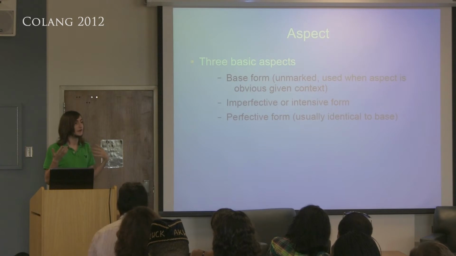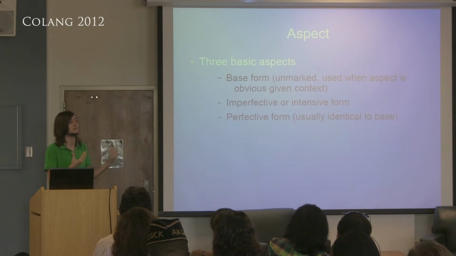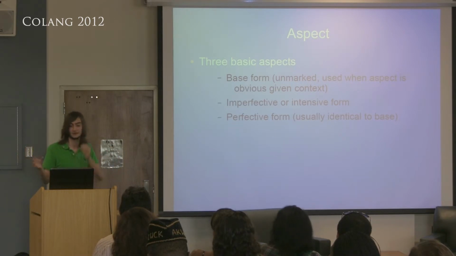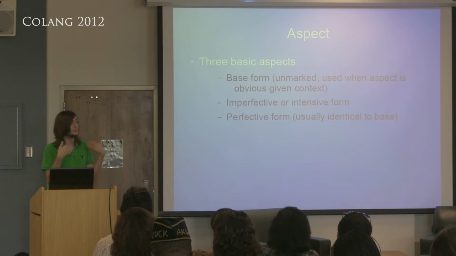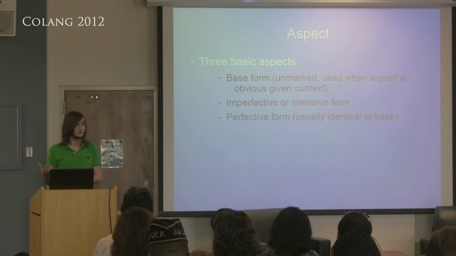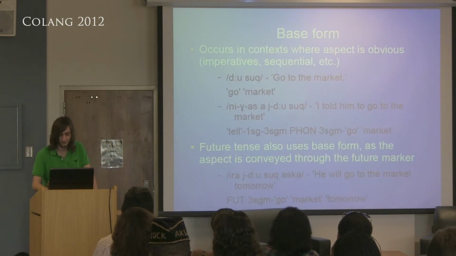It's used whenever aspect isn't necessary. So it'll come in imperative sentences or sequential sentences where it's obvious, given the context, what is happening. Then there's an imperfective or intensive form of the aspect that comes in incompleted or iterative actions, and then a perfective form for completed actions, which is usually identical to the base form, but has some changes sometimes.